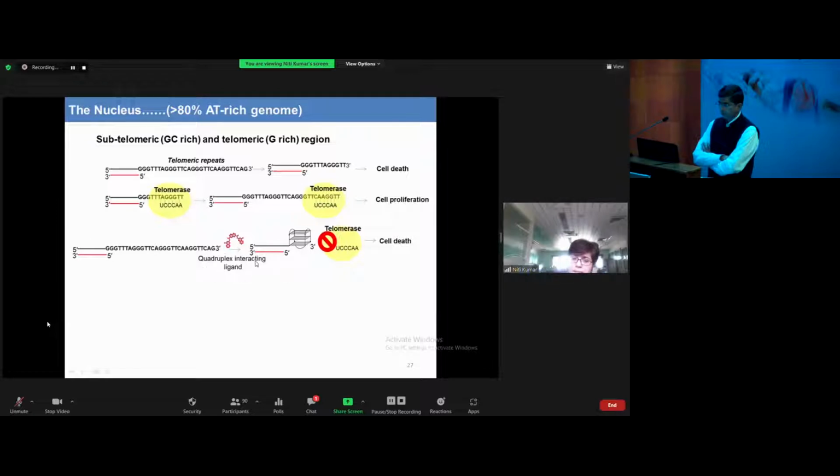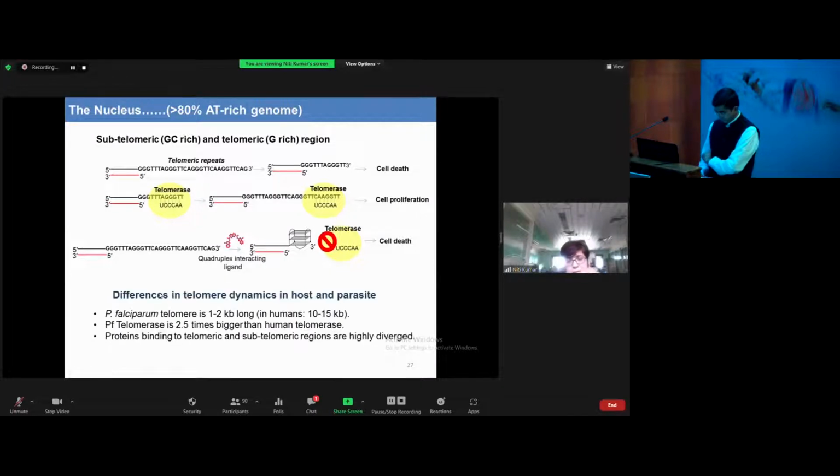Using quadruplex-interacting ligands, if we push the equilibrium to these non-canonical secondary structures, we may interfere in telomere maintenance by telomerase. This is possible because there are dramatic differences in the telomere dynamics between the host and the parasite.